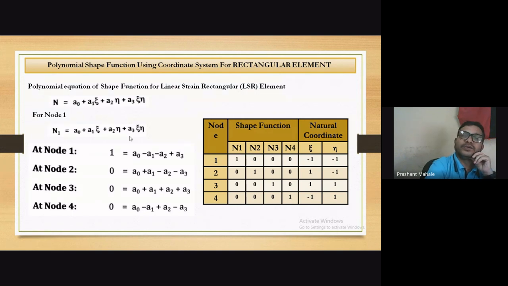So if zeta is known, eta can be calculated. If eta is known, zeta can be calculated. So I am interested in finding the values of the constants a0, a1, a2, a3. Now we have four equations and four unknowns, and therefore it is possible for me to find out the values of all those four constants.